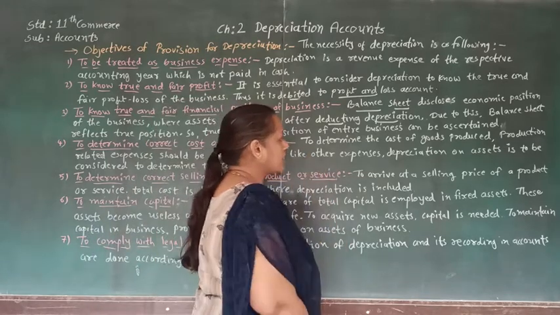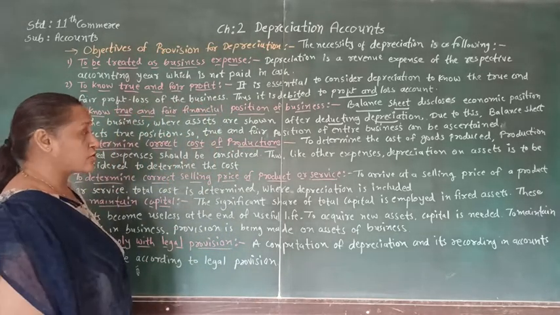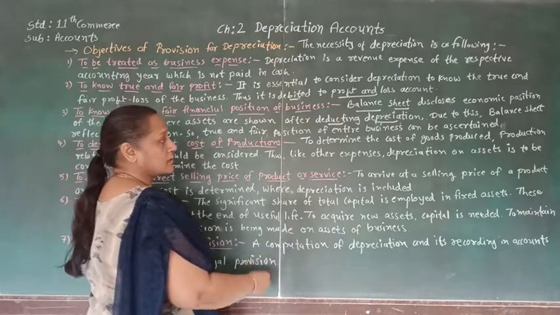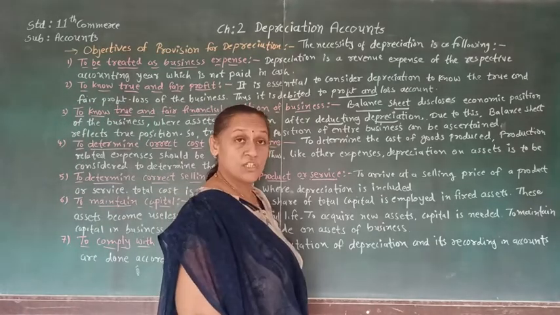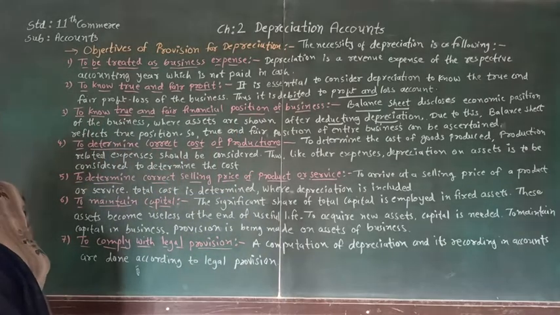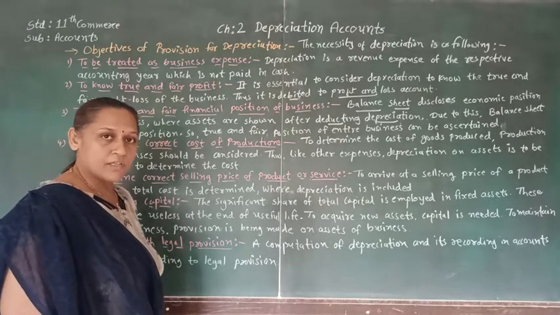To determine the cost of goods produced, production related expenses should be considered. Thus, like other expenses, depreciation on assets is to be considered to determine the cost. So that's why it is needed to find out the depreciation.